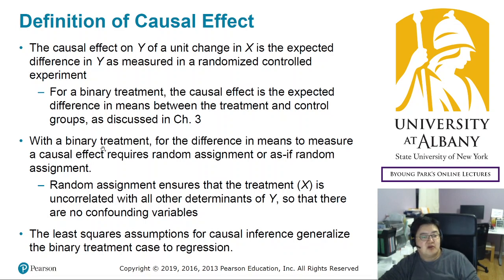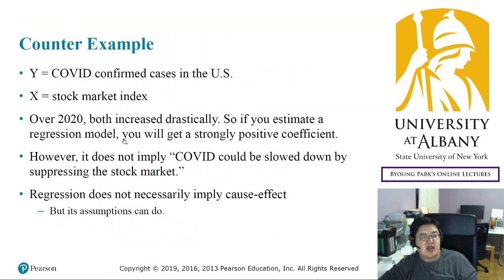I have an interesting example. Suppose that Y is COVID cases in the United States in 2020 that you would like to predict, and say X is the stock market index in the United States, like the S&P 500 index. As you know, in 2020, these two variables both increased drastically, right?